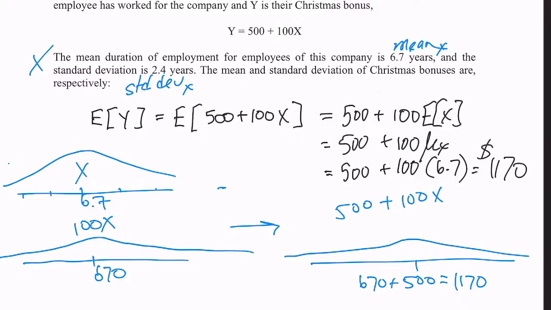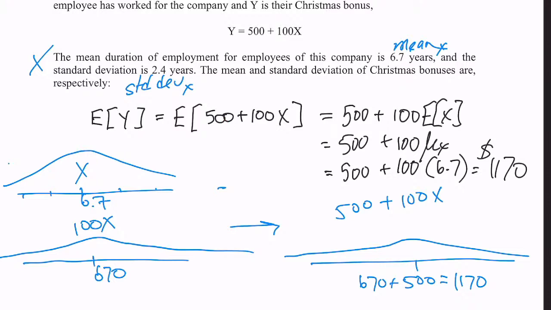Okay, so what happens to the standard deviation after that? What happens to the standard deviation? So the two effects, one of multiplication and one of addition, which one affects the variance?